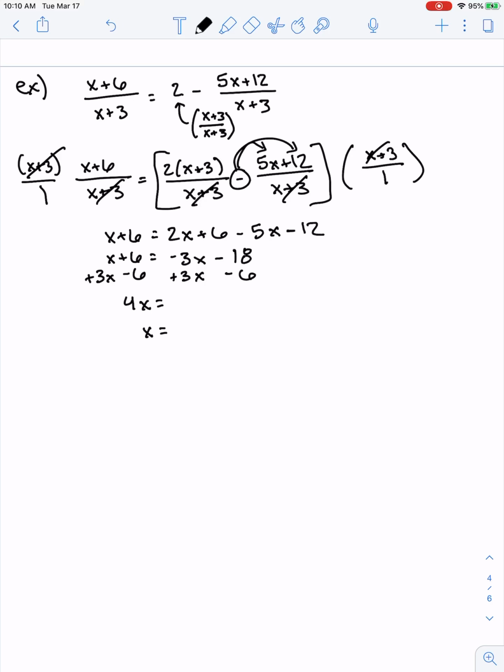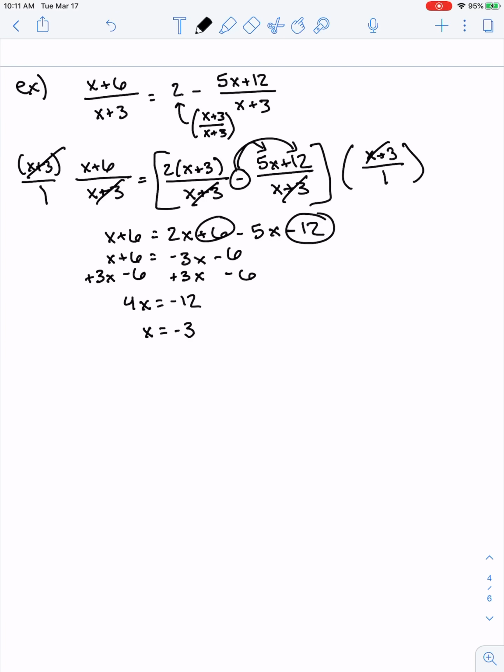So I get plus 4x is equal to 2x plus 6, negative 3x, and then if this becomes a negative 6 when I combine like terms. There we go. So now if I subtract my 6 from both sides, I get negative 12, or x equals negative 3.